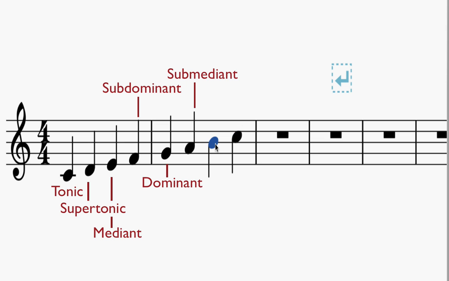This one is another one with a bunch of extra powers. We call this leading tone. This is the leading tone. And it does exactly what it says. It leads up to tonic. So the leading tone always, not always, but almost all the time, pushes towards tonic. If you hear that note, you want to hear tonic. The same way that when you hear 5, you want to hear tonic.